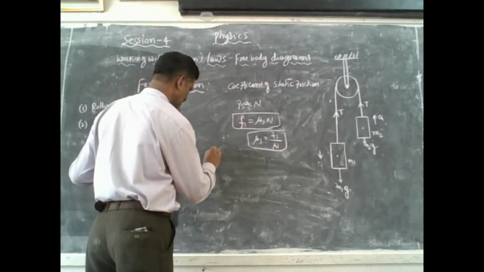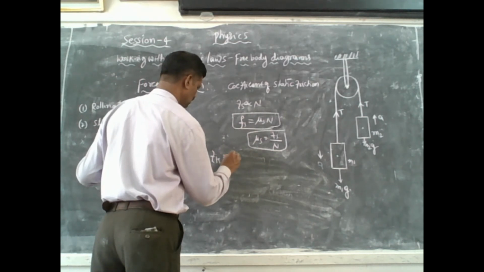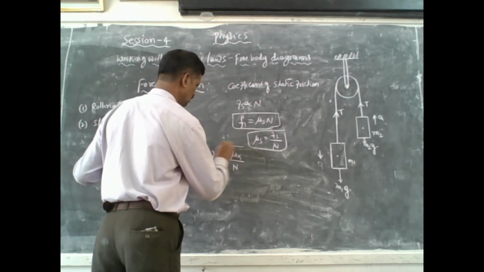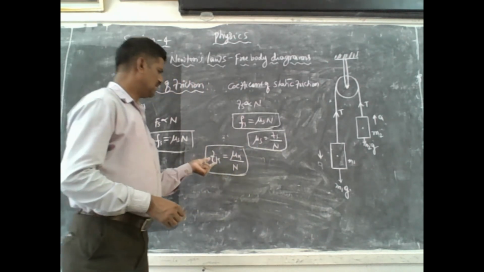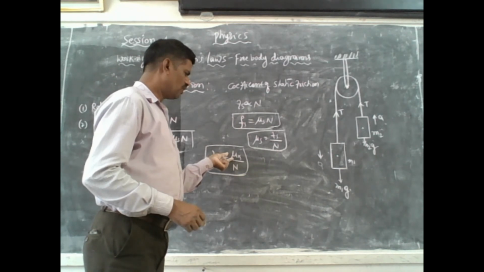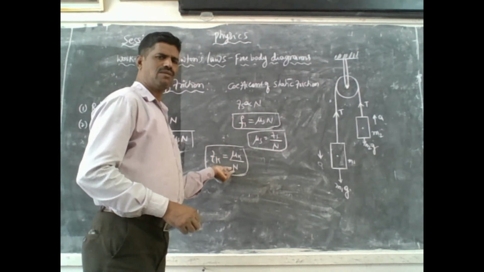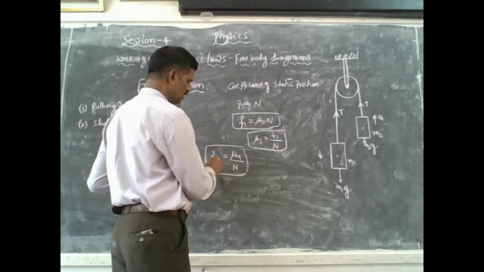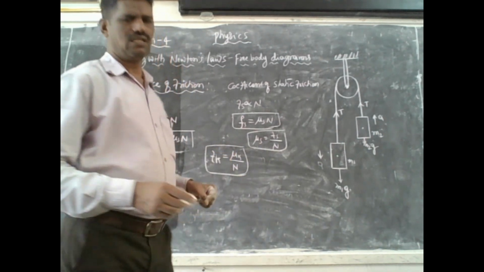So Fk is equal to mu k times N. The kinetic friction is the product of the coefficient of kinetic friction and the normal reaction of the body. So this is known as kinetic friction, isn't it?